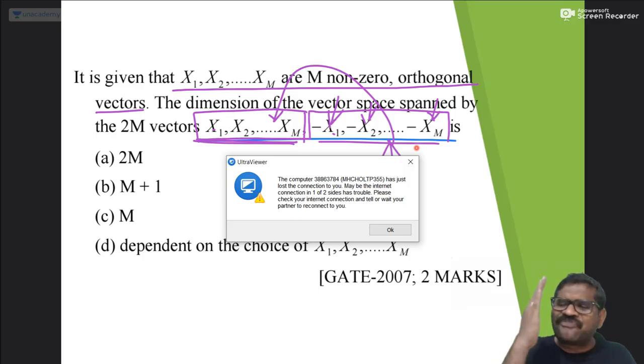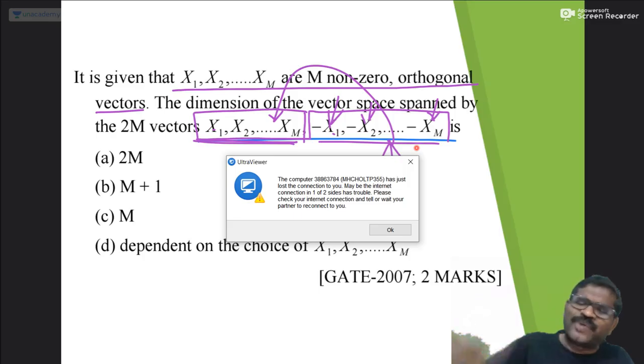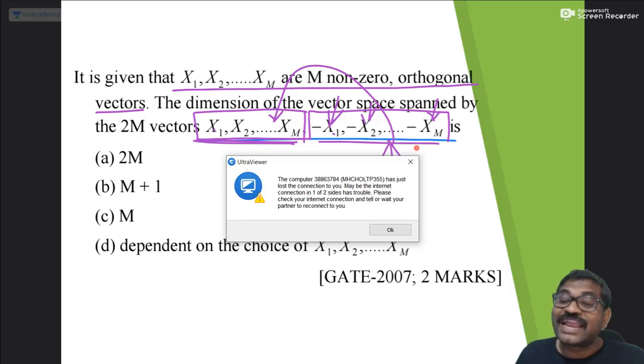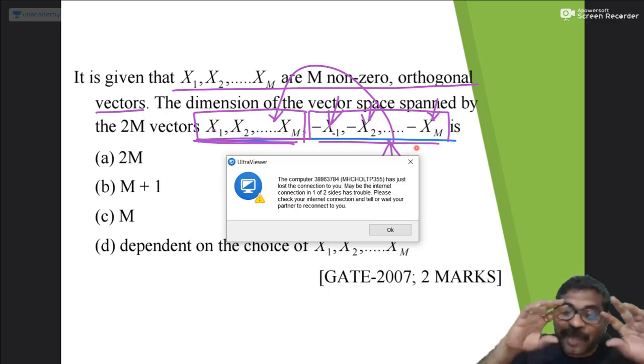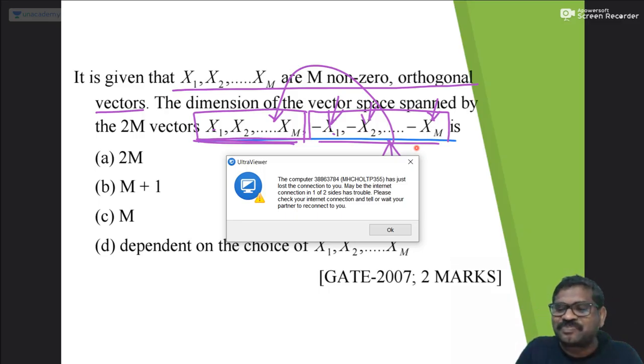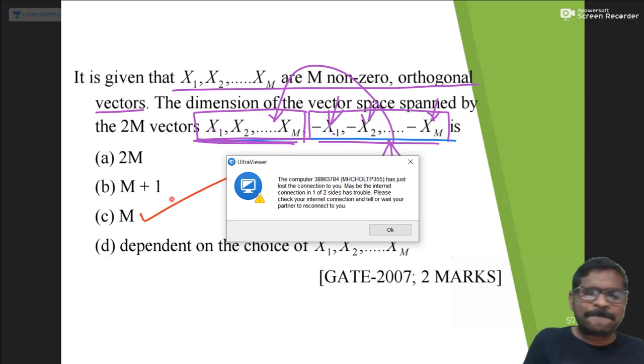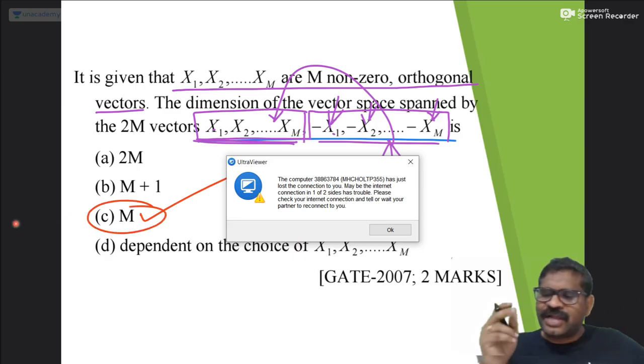Completely m vectors are going to become 0 vectors. M vectors are maintained as non-zero vectors. So what is the rank? M. If the rank is M, the dimension of the vector space spanned by 2m vectors is M only. It is nothing but the rank. So the answer is M. Understood?